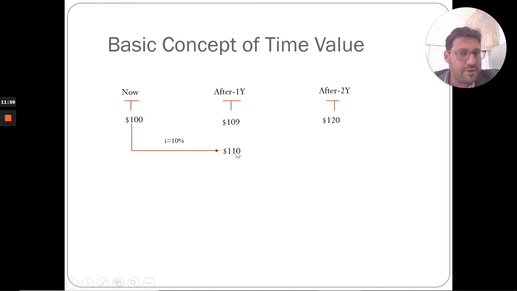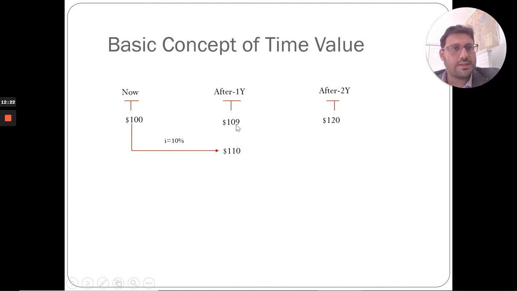Clearly, because at the same point in time now we have the cash values for the 2 investment alternatives, investment alternative 1 and investment alternative 2, we can see that investment option number 1 is better than investment option number 2. 110 is more than 109.